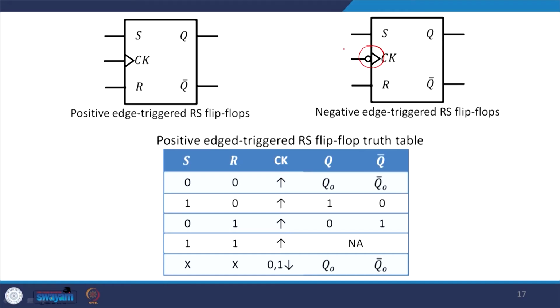So, this is how we represent the negative edge triggered one, and this is how we represent the positive edge triggered RS flip flop. The positive edge triggered RS flip flop truth table is going to be this one, as I discussed with you.